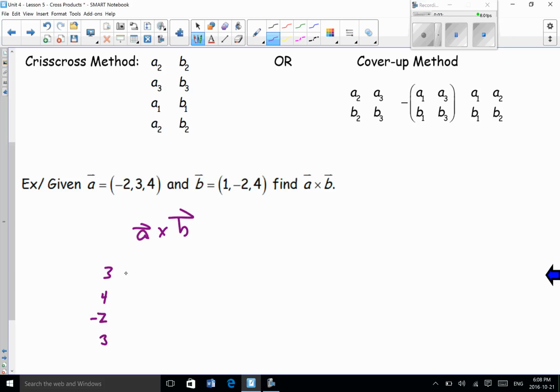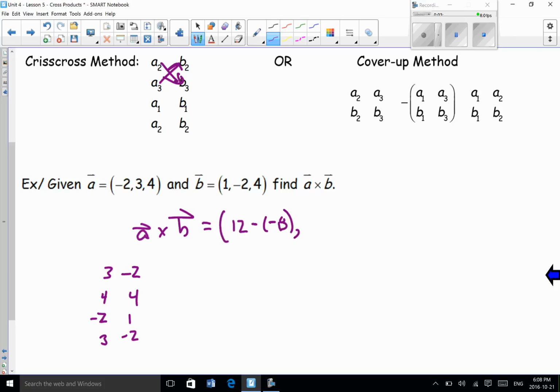For B, it would be negative 2, 4, 1, and negative 2 again. And the way the crisscross method works is we're going to multiply diagonally and then subtract on the way back. So for us, in this example, 3 times 4 would make 12, minus 4 times negative 2 is negative 8.